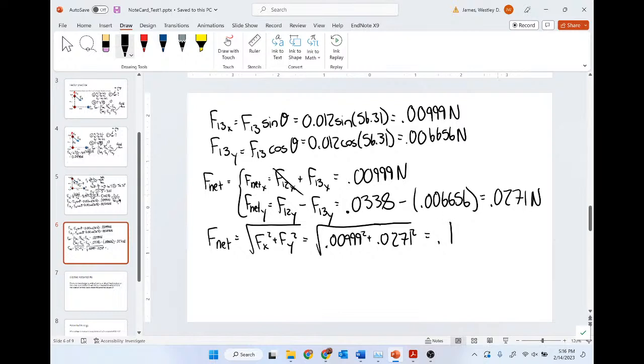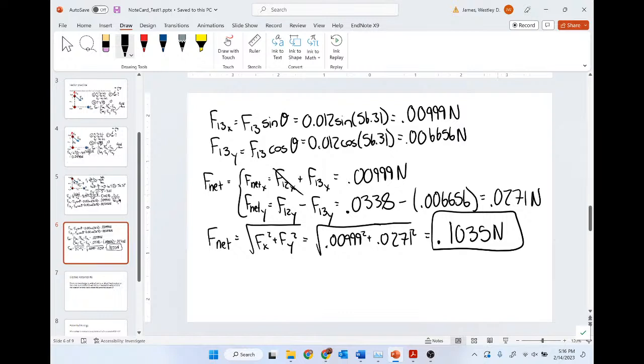All right, 0.1035. Now, this tells us the amount. It does not tell us the direction. So there is one last step we need to do. It's not going to be super long. We just got to find the angle.